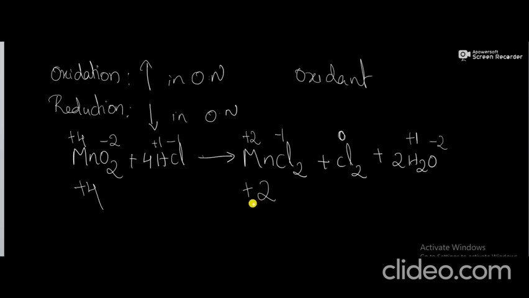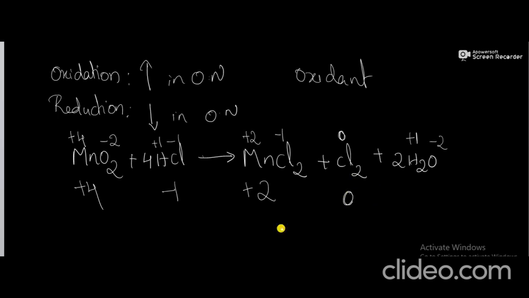The oxidation number of chlorine increases from -1 to 0, showing that HCl has undergone oxidation to chlorine.